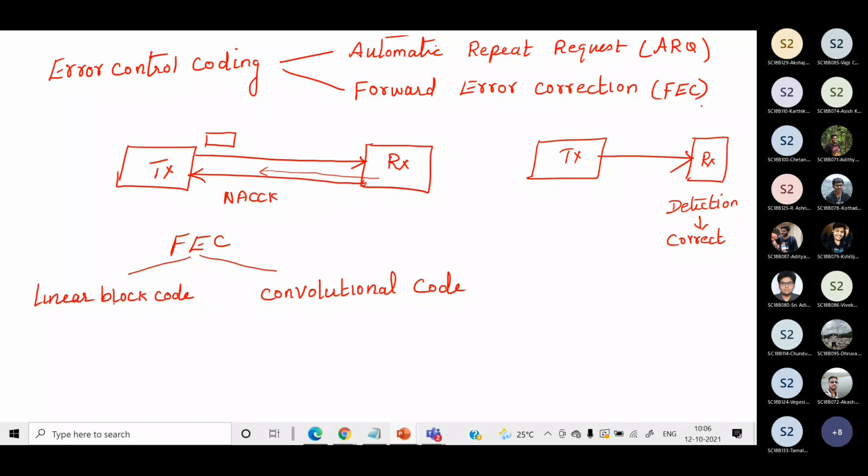In linear block codes, the different types used in applications are Golay code, Reed-Solomon code, LDPC code, then Hamming code.